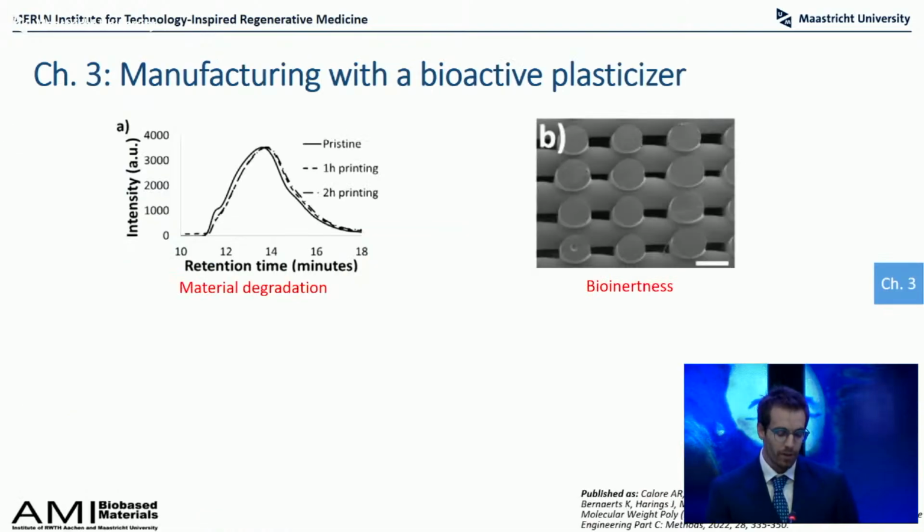We then moved on trying to tackle other issues affecting the workflow of scaffold production. In chapter 3 in particular, we focused on the tendency of some materials to lose their molecular integrity during printing because of the presence of high temperatures, but also on the inherent bioinertness of the synthetic polymers used.